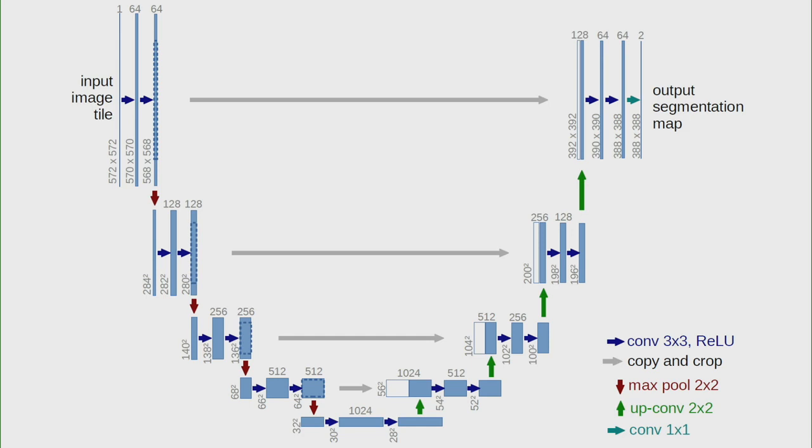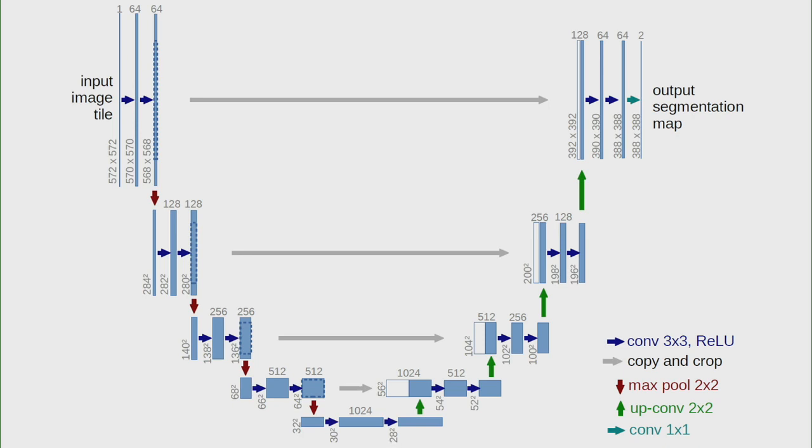This decoder needs to upsample the input to the resolution of the original image. For upsampling, the original UNet uses transposed convolution, but you can also do simple nearest upsampling. And again, you have convolutions and ReLUs and so on.